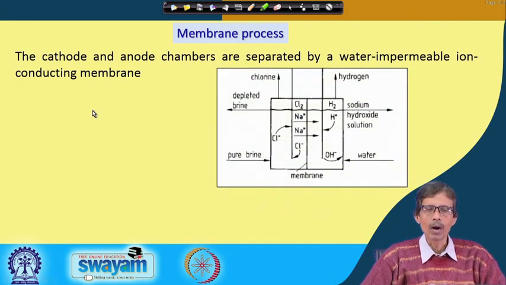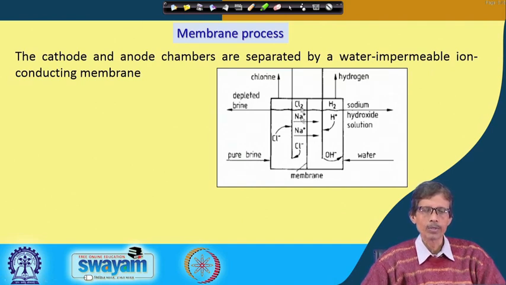We will see that you have the pure brine water, with the membrane in between, and you have the cathode and the anode sides. Pure brine is introduced at the bottom, and as the electrolysis goes on, the amount of sodium chloride goes down and down, and at the end this is taken out.